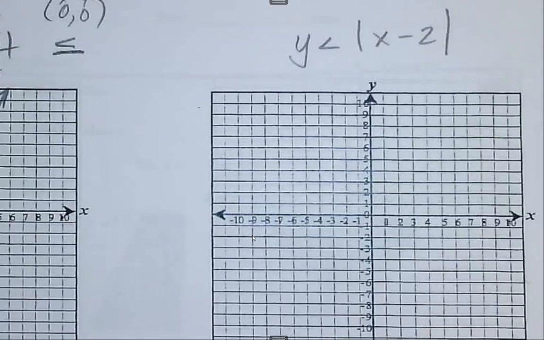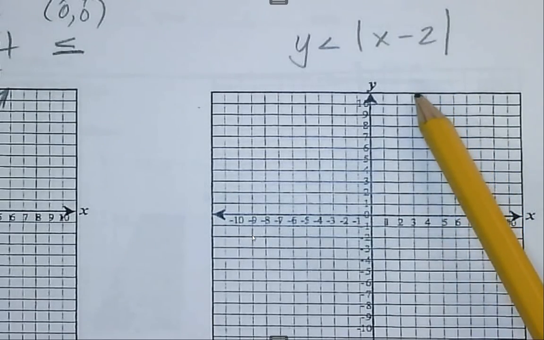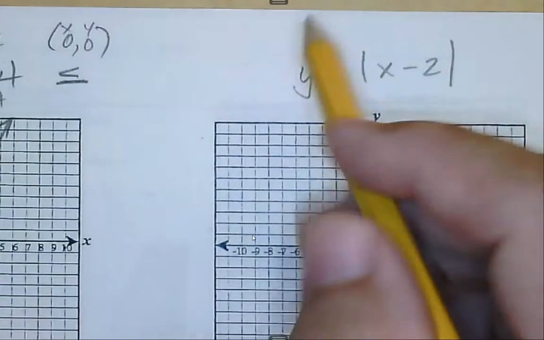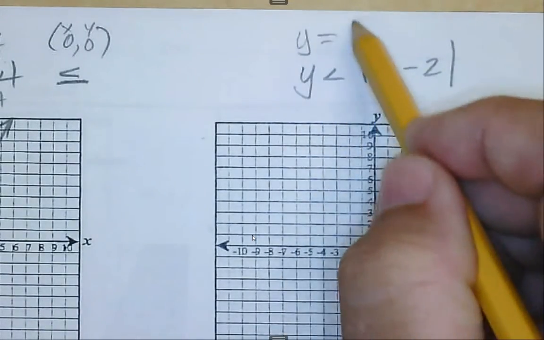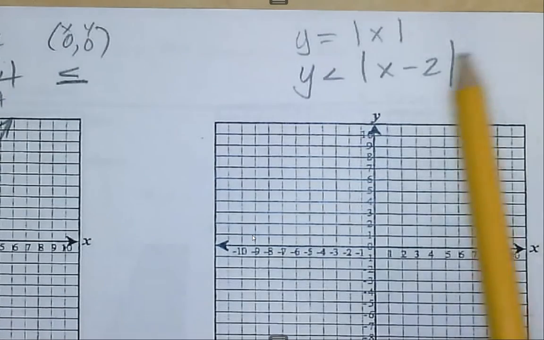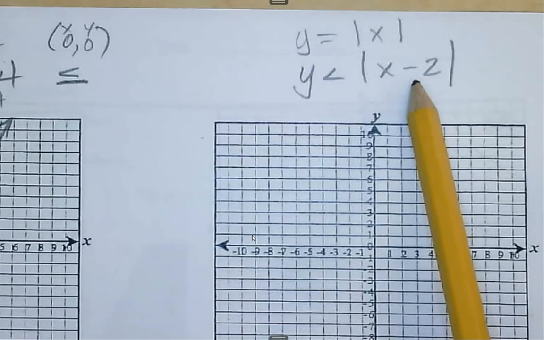Let's just look at this real quick, and this should really be familiar, because think about the parent graph of this. The parent graph would be y equals absolute value of x. Well, I have that, sort of, except that I also have a -2 in here.